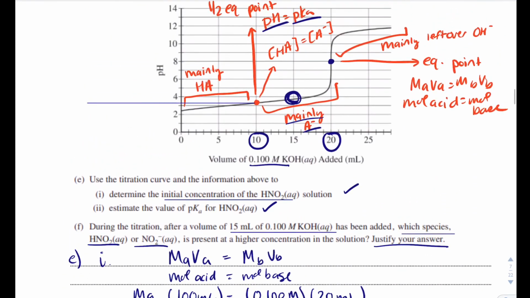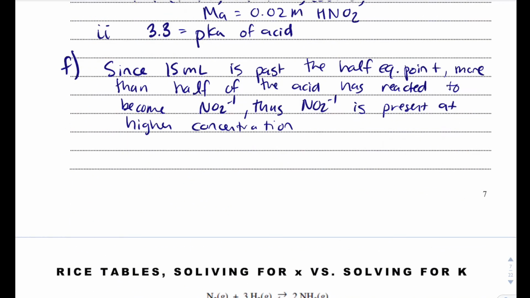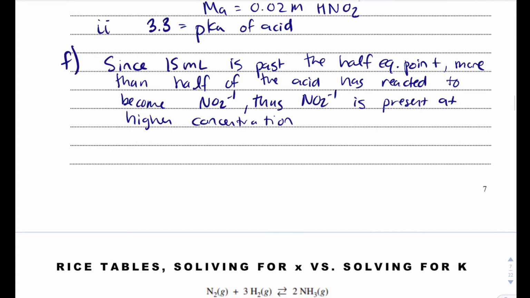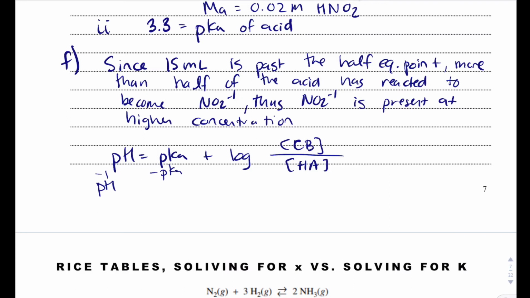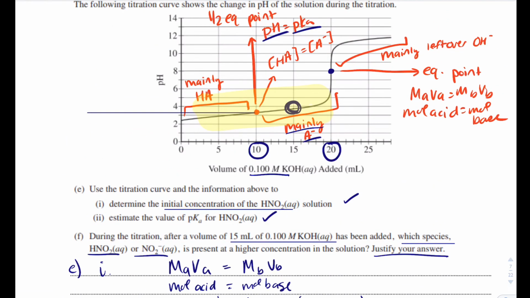If you are wondering, could you mathematically prove this? Absolutely. This is what I'm highlighting, your buffer region. So you could have used the Henderson-Hasselbalch equation and you could have solved for it. Some people did pH equals pKa plus log of conjugate base divided by acid. And what they did is they took pH, they subtracted away the pKa, which we could kind of estimate there. Let's just go ahead and do it. The pH at that point is, I'm going to estimate, let's just say 3.7.